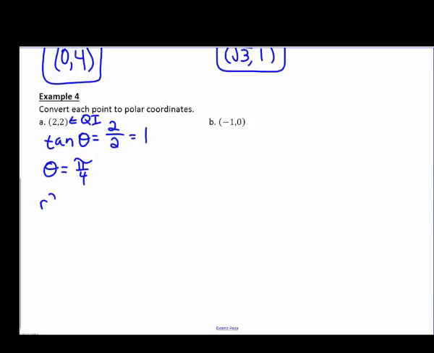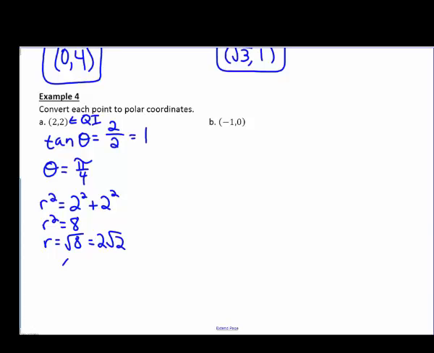And then we also know that r squared is going to equal x squared plus y squared. So r squared is equal to 4 plus 4, which is 8. So r is equal to the square root of 8. Again, it's a distance, so it's not going to be negative. We only want the positive. And that can simplify to the square root of 4, which is 2, times the square root of 2.